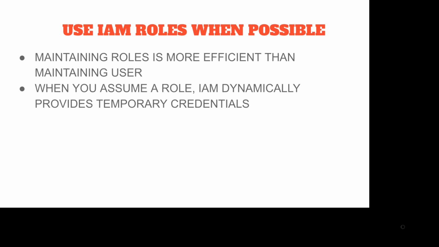So with that being said, I think the example I used before was, I have a group of developers. I can create a company name dev role and then assign all of the necessary permissions to that particular role.